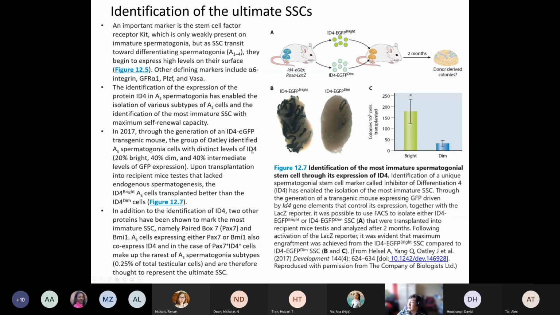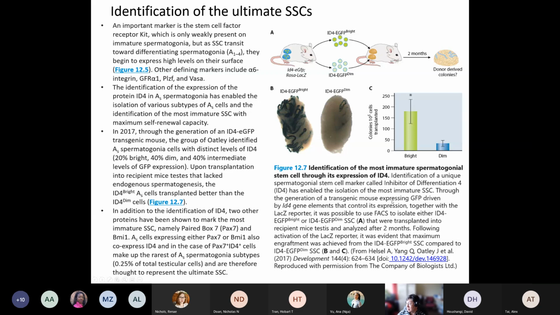And later on, sometimes scientists described the presence of ID1, inhibitors of differentiation, if you call it that, but it's just a name. ID4 is a protein present on the surface of a single spermatogonia. So from that point on, now the scientists have a tool to demonstrate that.